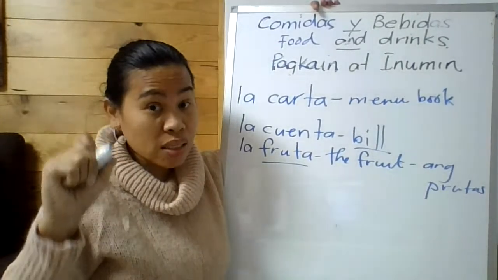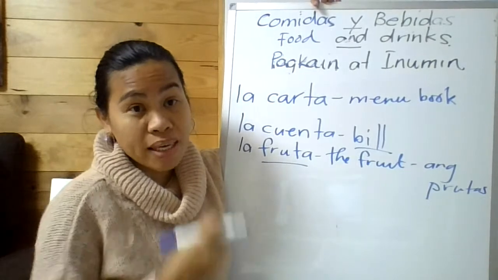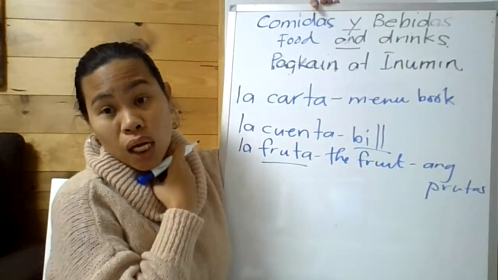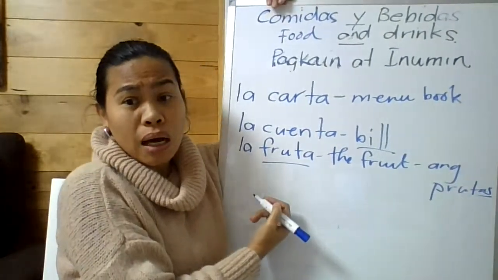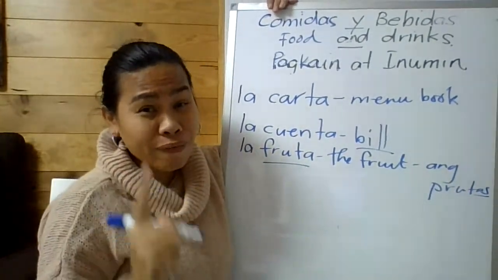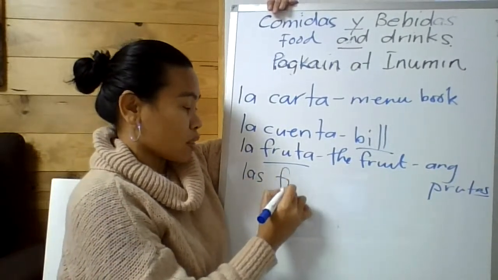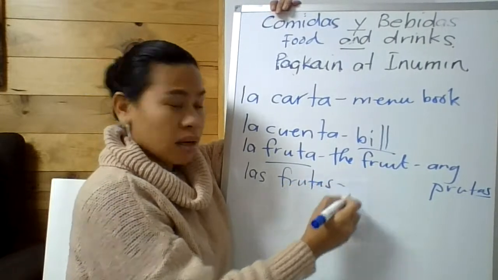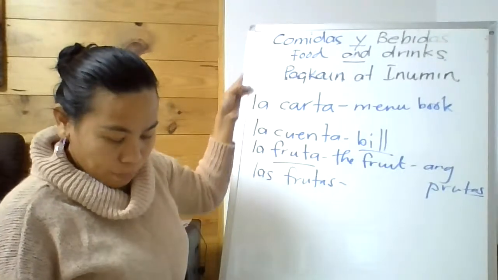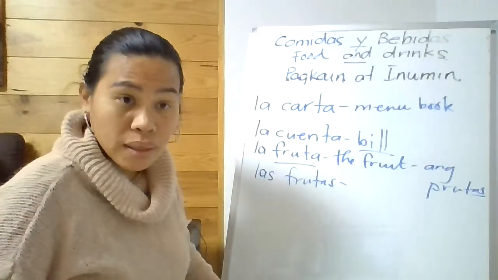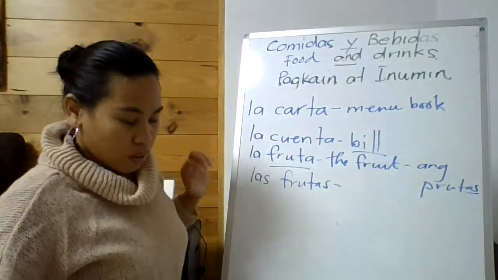The letter V, we change it into B. And the letter F, we change it into P. Like fruta and pruta. Ang prutas. No, with S tayo. Sa kanila kasi, ang S signifies plural, las frutas. A mí me gusta las frutas, for example. Okay, people? Question. Are we good? Okay.